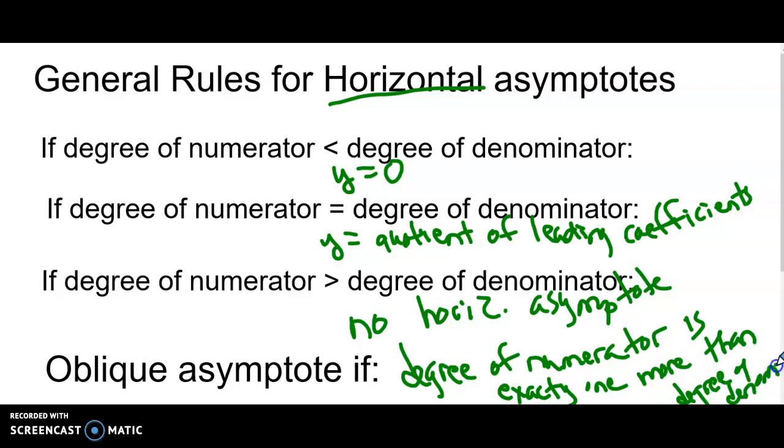Okay, so we still say there's no horizontal asymptote. That's true. But there is a slant one if, like, you have a third degree over a second degree, exactly 1 more, a fifth degree over a fourth degree. Then there still will be no horizontal asymptote, but there will be a slant asymptote, an asymptote that's like a line. We'll get to that then.